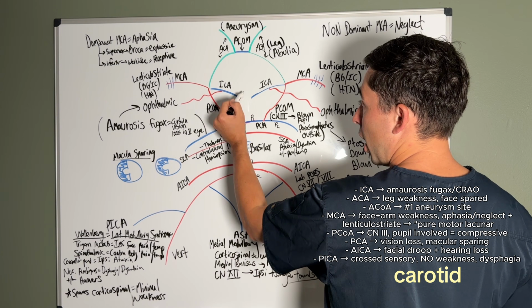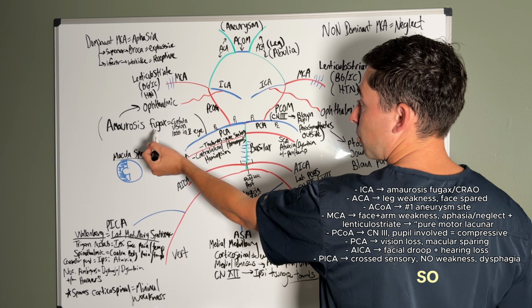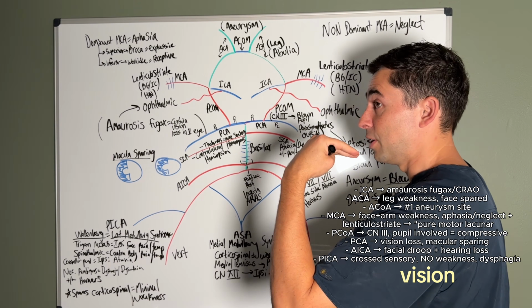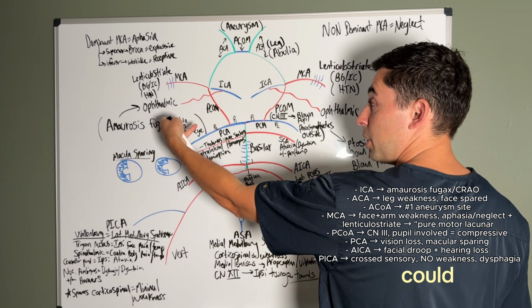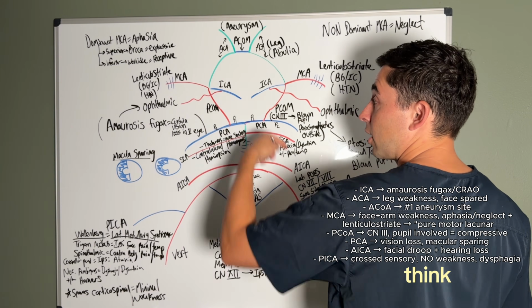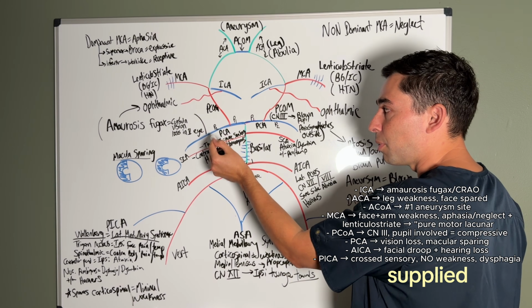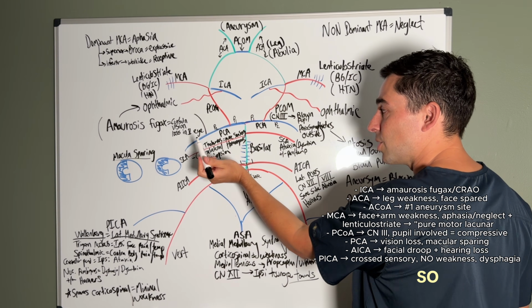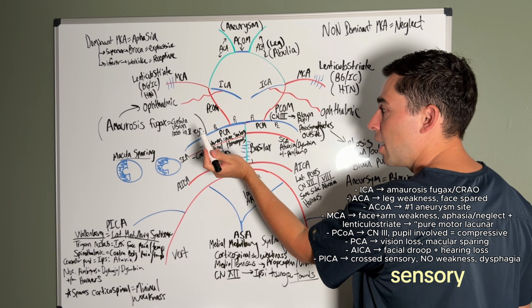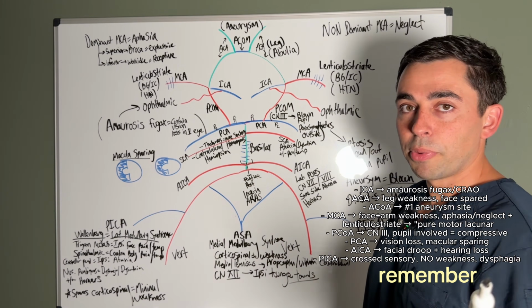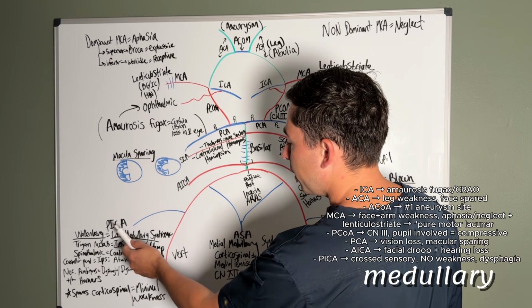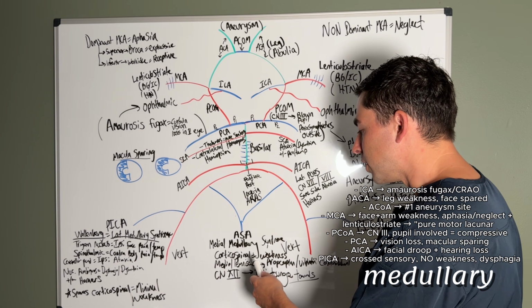Remember, off of your carotid, gives your ophthalmic artery, so think vision loss, complete vision loss, one eye, could be a stroke of the eye, think carotid, anterior circulation. Remember, pure sensory strokes are supplied by your posterior circulation, so thalamic, pure sensory, thalamic pain syndrome. Remember the key difference between lateral medullary syndrome and medial medullary syndrome.